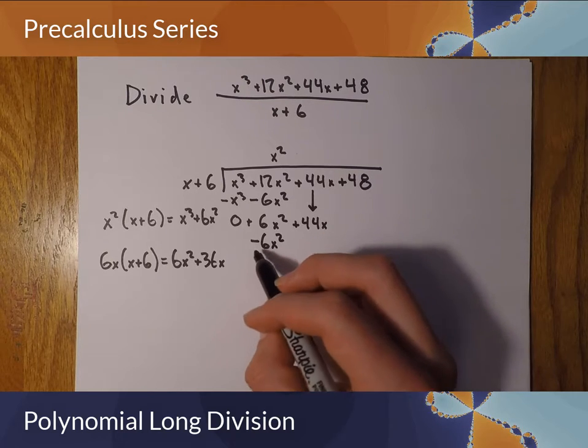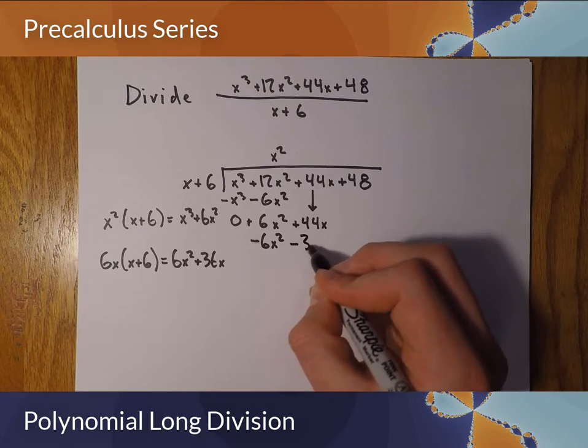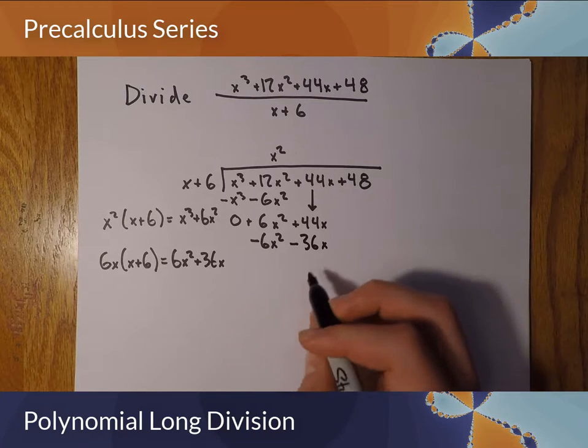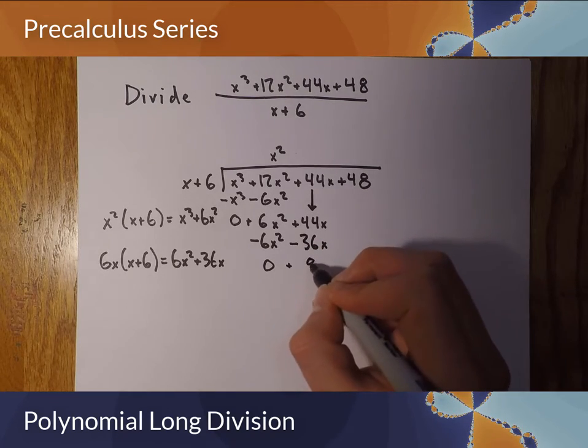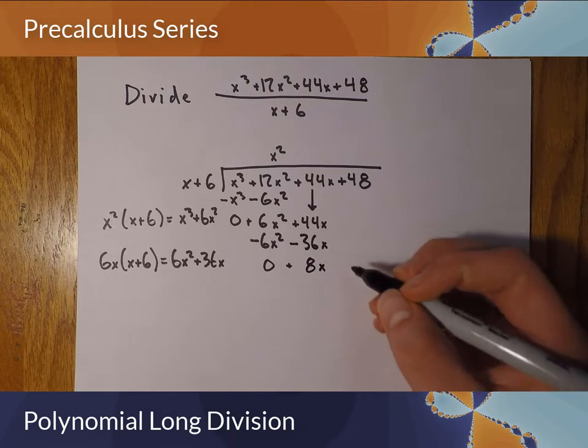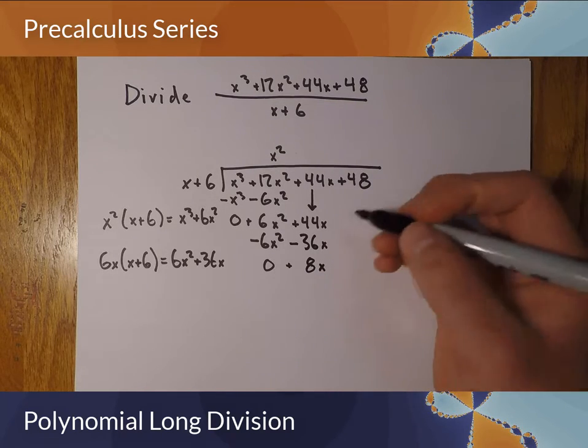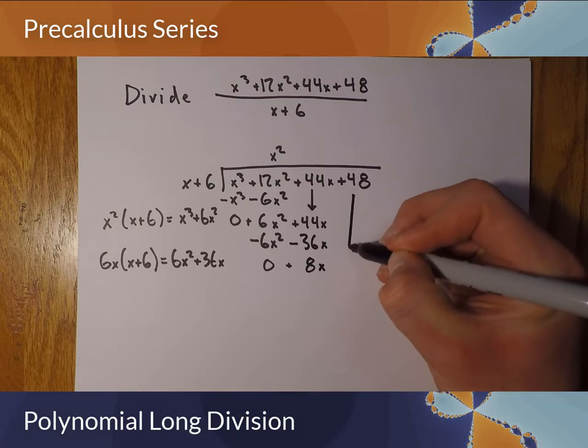So we have negative 6x squared minus 36x. And so this equals 0 plus 8x. And now we just drop our last term, 48.